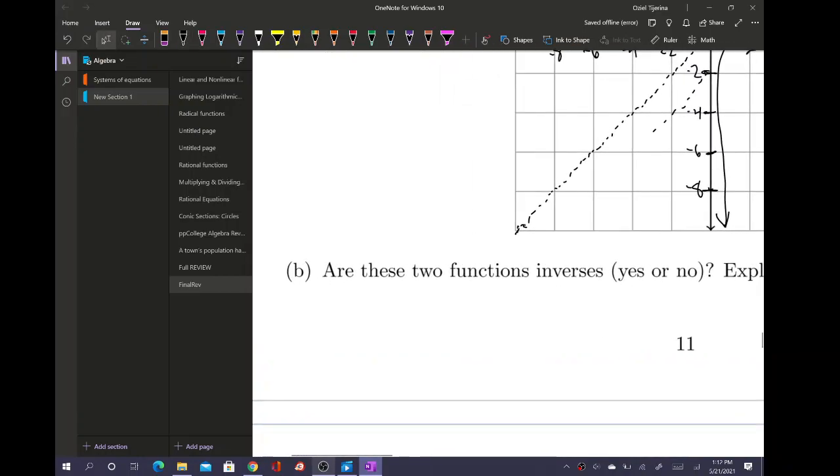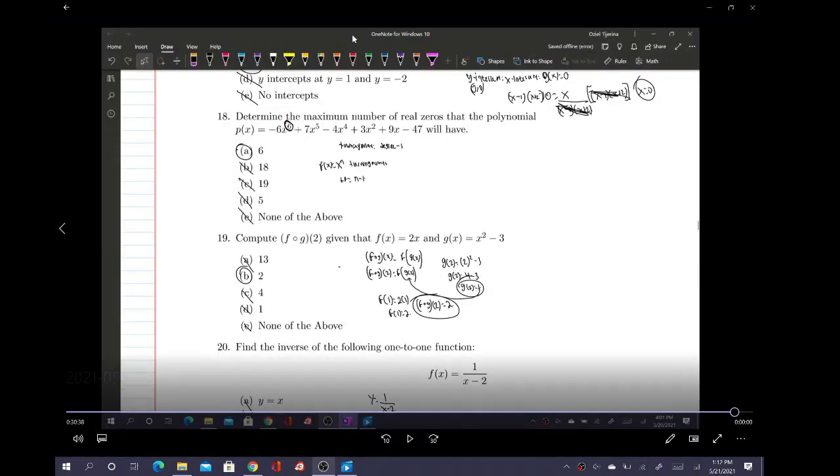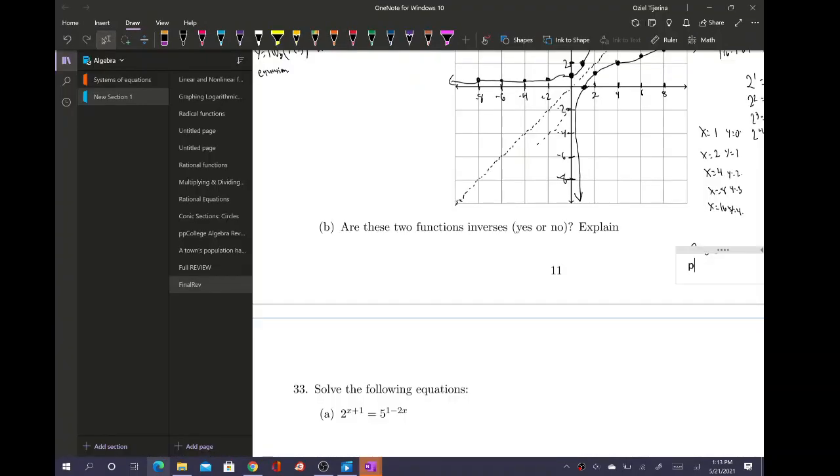So are these two functions inverses? Yes, because they reflect across the line y equals x. Oh my goodness. Okay, it says, are these two functions inverses? Yes or no?